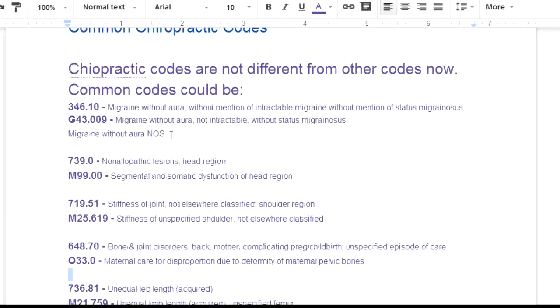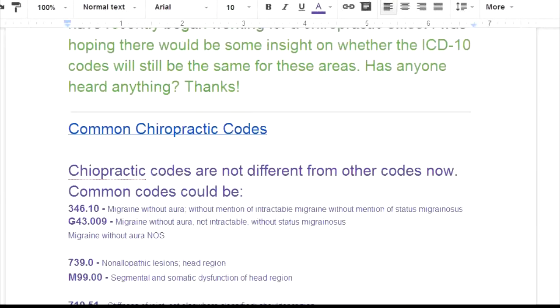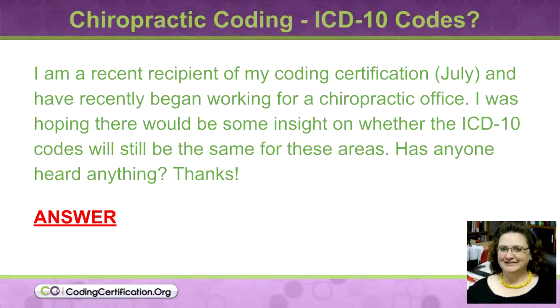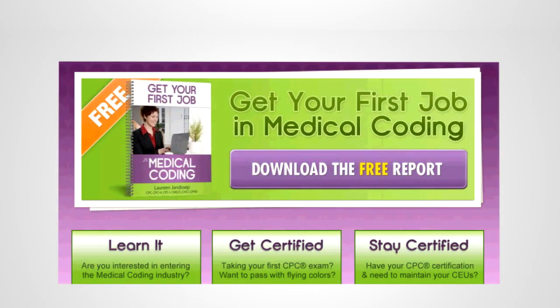There's talk that the insurance companies aren't going to pay unspecifieds, and the doctors do pretty good about telling right from left. But if they don't, now you've got a code that you can still use. Anyway, the thought is the chiropractic codes are going to be integrated, and they're the same diagnosis codes that you would use in ICD-10 that were used in ICD-9.